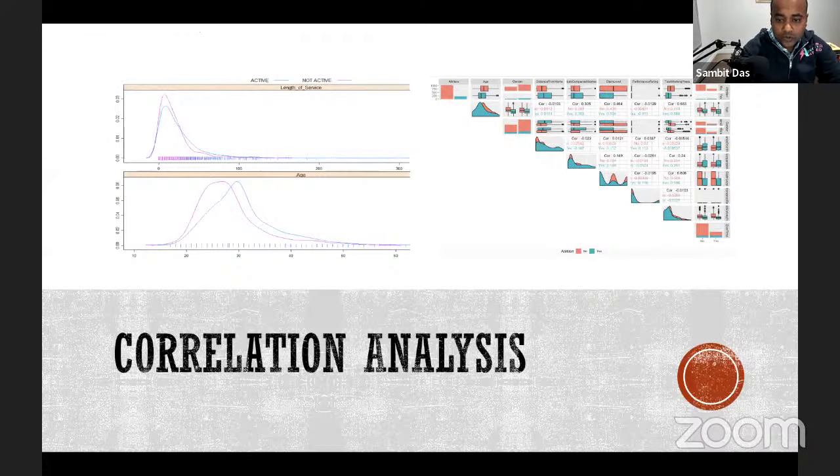So we want to go a little bit further and try to understand more. On the left-hand side of the chart, you'll see some plots. The first plot here is, I wanted to understand if length of service matters: for people who are leaving, how many years or how many months they stayed in the company before they left.